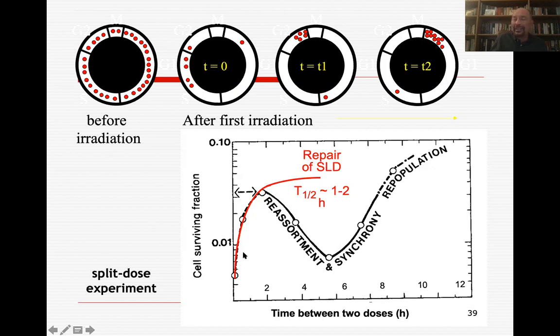So if you want, it is the sparing effect. You see that if you wait 2 hours, you have an increase, but then you have reassortment. This means that at a certain point, you kill the cells in the most sensitive phase, and you leave the cells in S phase essentially still alive. So your surviving fraction goes down until you start to have repopulation. Then it brings you up again.